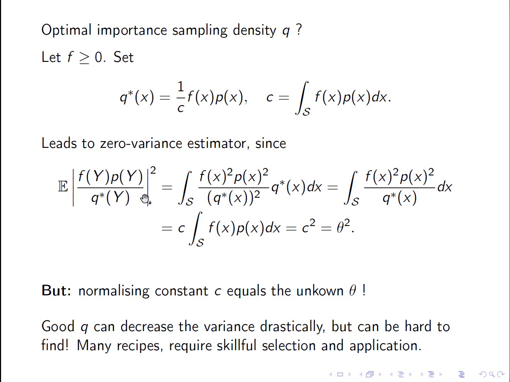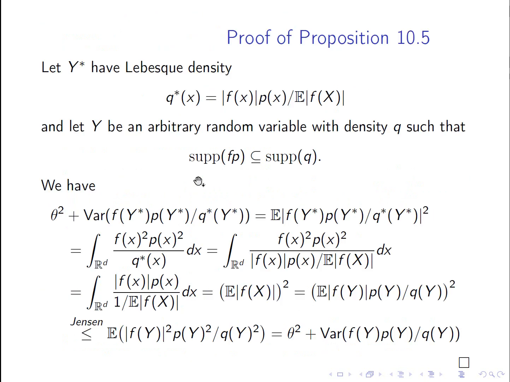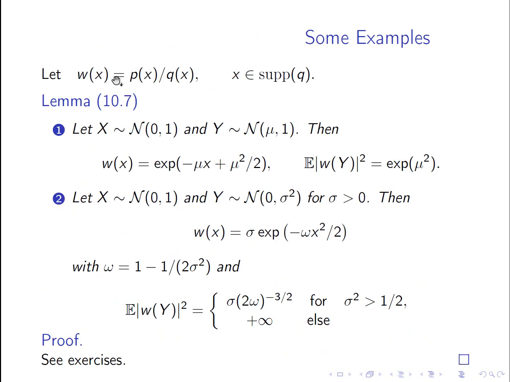And this p divided by q is subsumed in this new w. This new w is the thing which we need to multiply our initial function f with, and knowing something about this w might help to quantify the impact of the importance sampling procedure in this case.